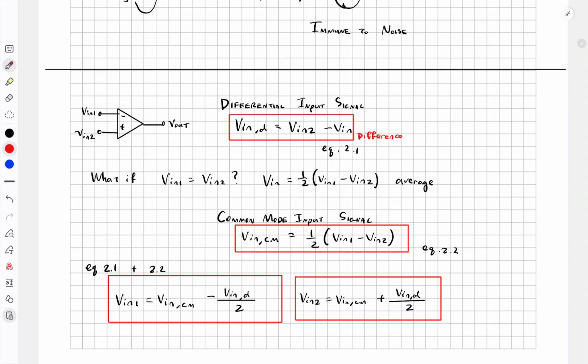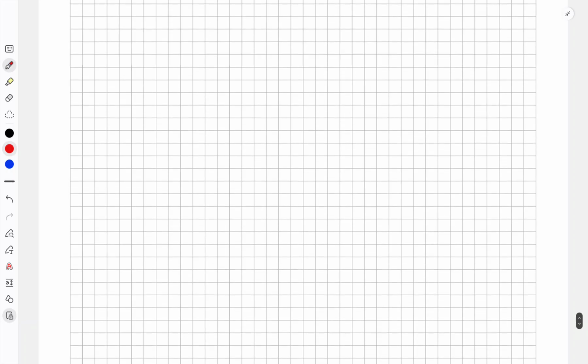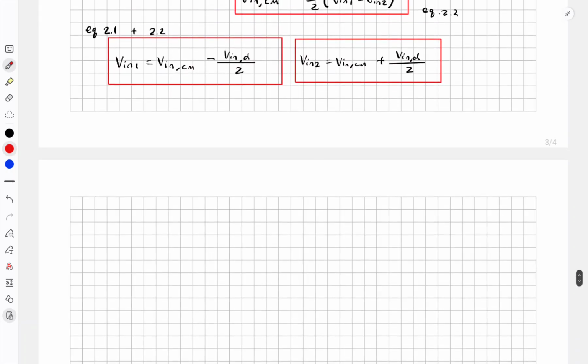But why would I even try to show you these two equations? The reason is because we can give a pictorial representation of these two equations.